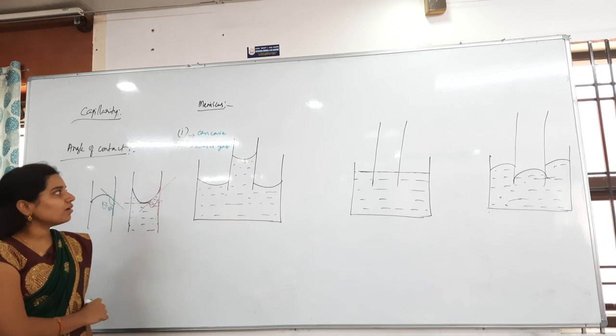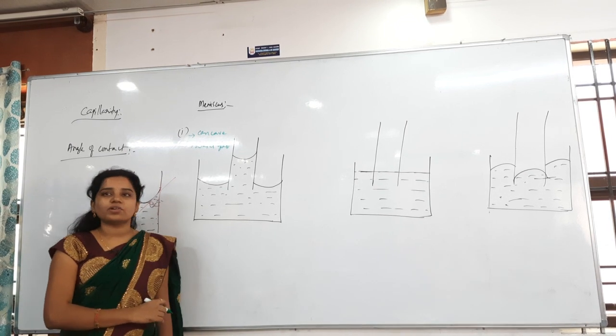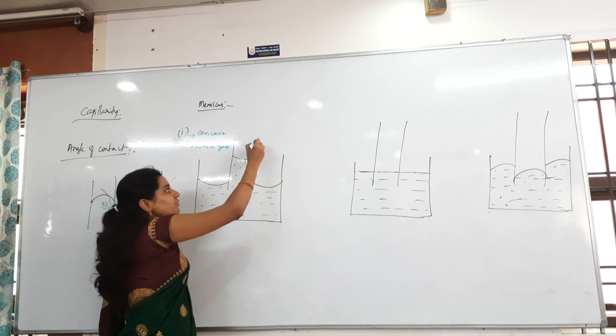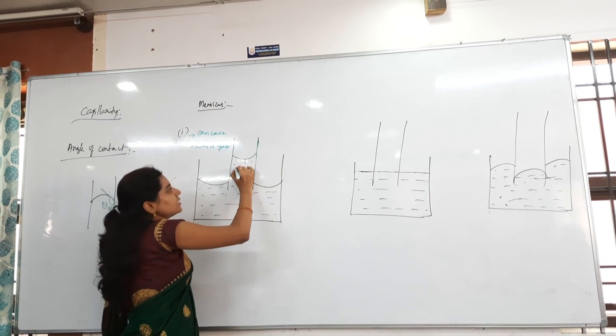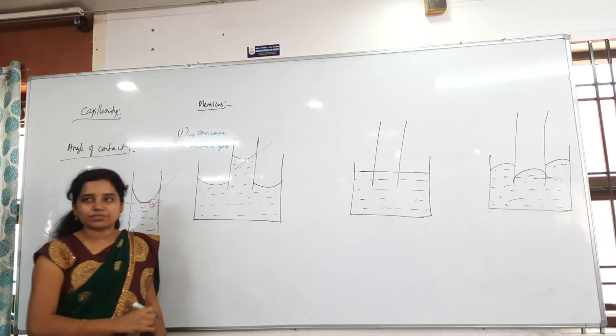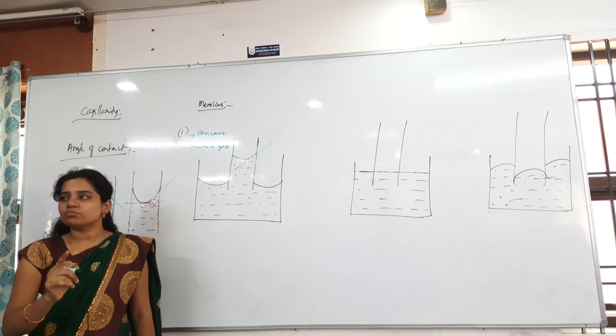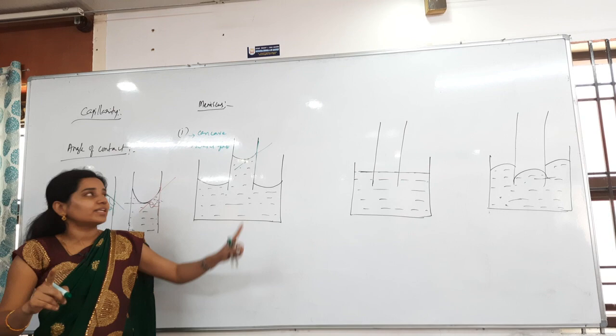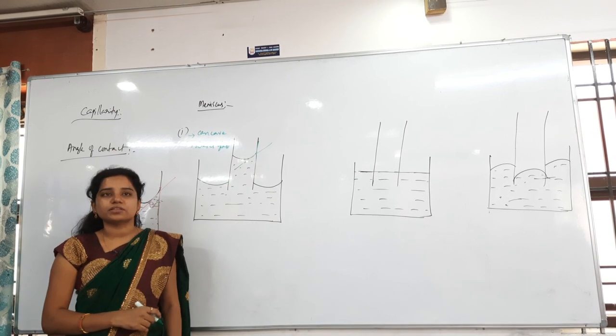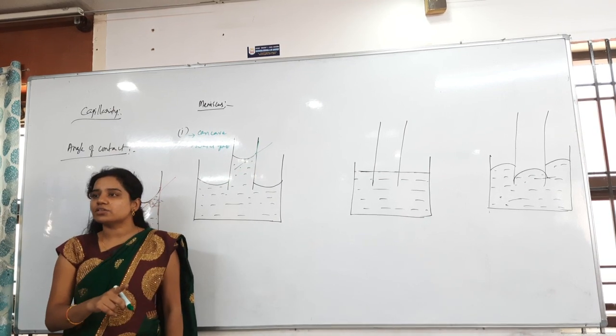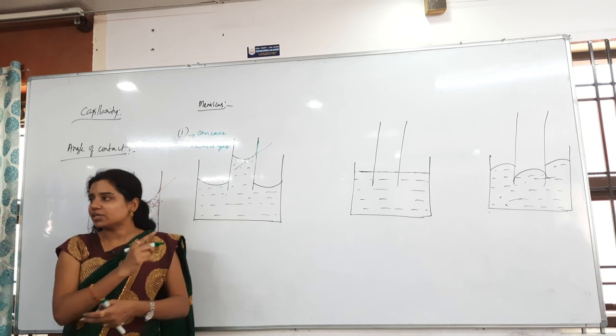Always you have to draw the tangent for the liquid surface as well as the glass surface, and consider the angle inside only. Most people don't know that, and they take outside directly and get the answers. That's wrong. You will get exactly the reverse answer, whatever plus or minus you got.